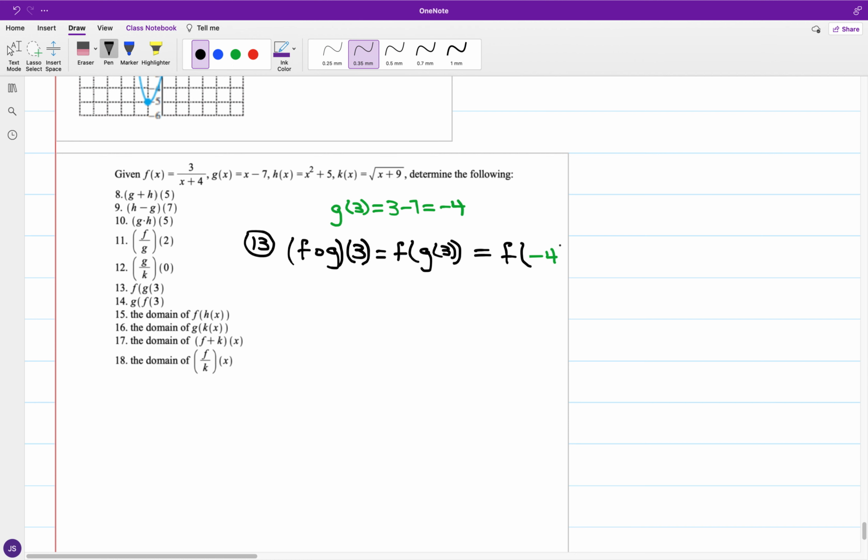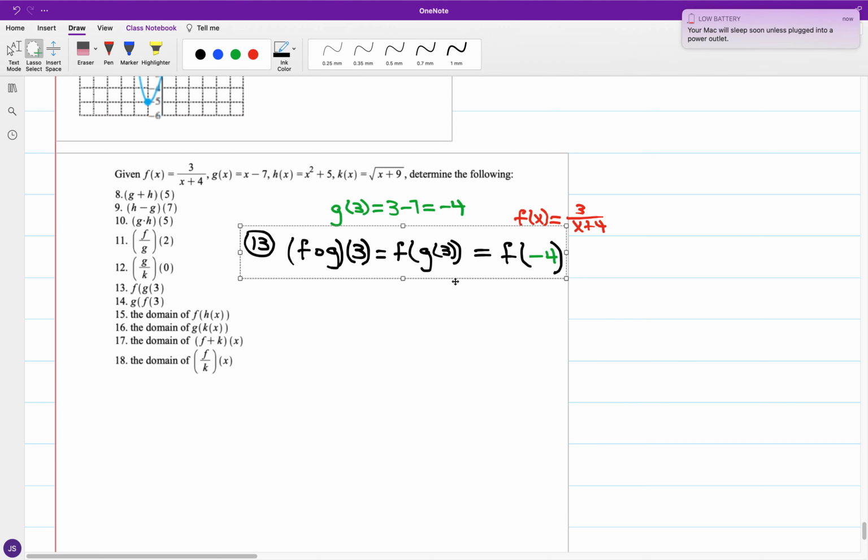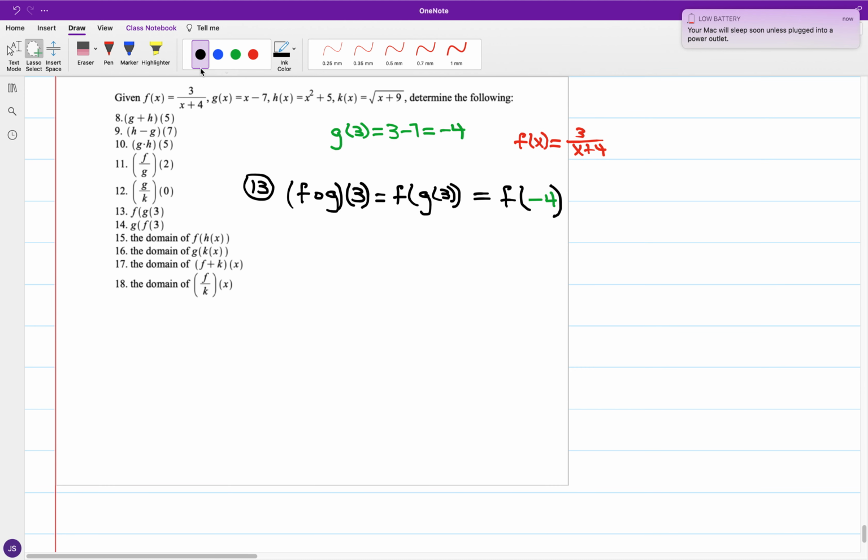And following through, along the lines of f of x, we have 3 over x plus 4. In this particular case, you got 3 over negative 4 plus 4.